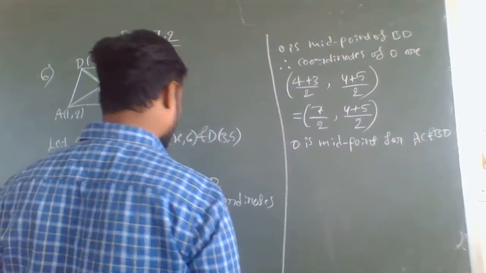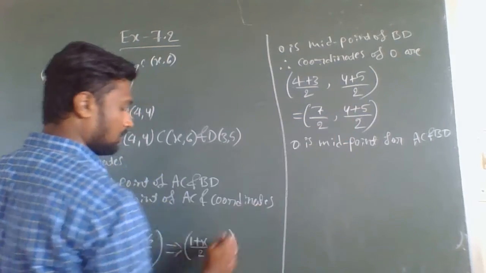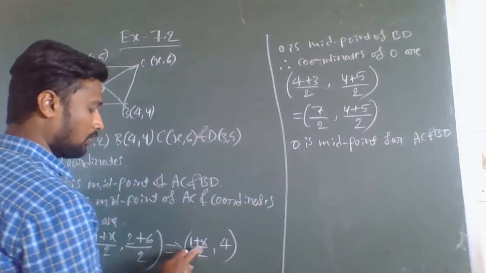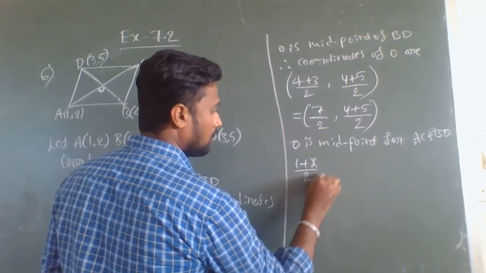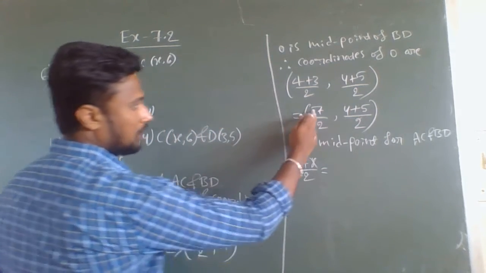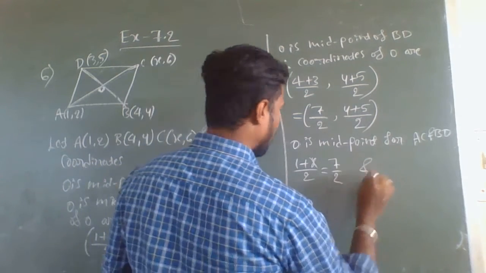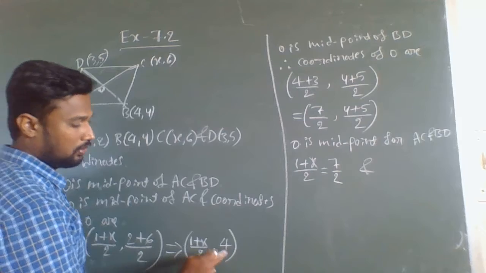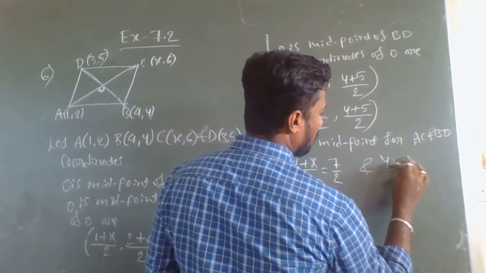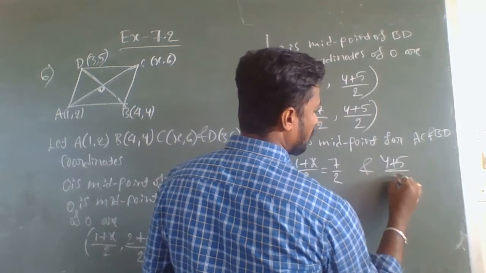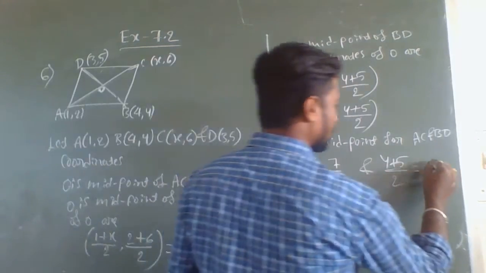Okay. So now these x coordinates are equal and these y coordinates are equal. Therefore, here 1 plus x by 2 is equals to this x coordinate. What is that? 7 by 2. And here y coordinate. What is that? 4. This y plus 5 by 2 equals to y coordinate 4.